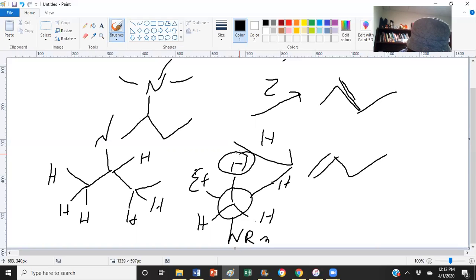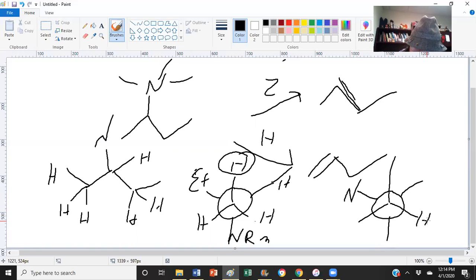We look at the Zaitsev product the other way around. We'll put N, methyl, methyl.